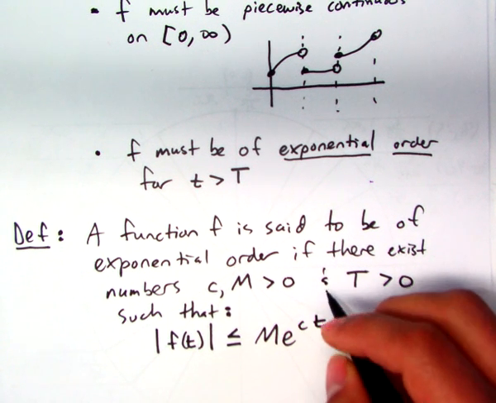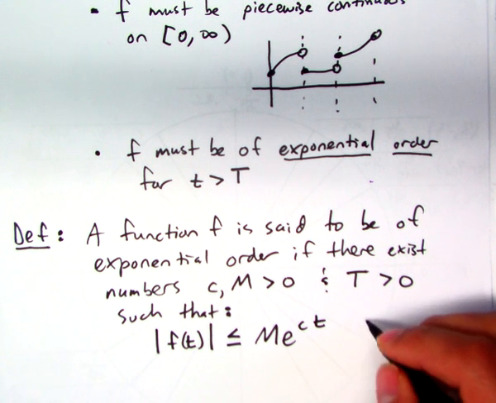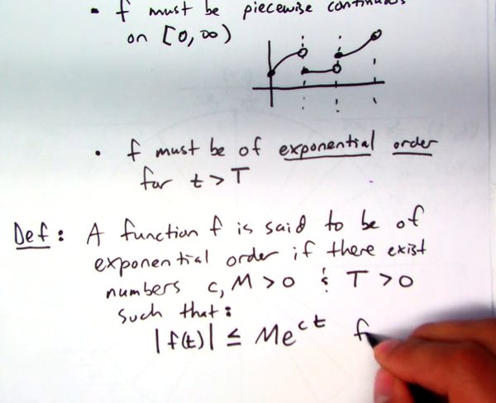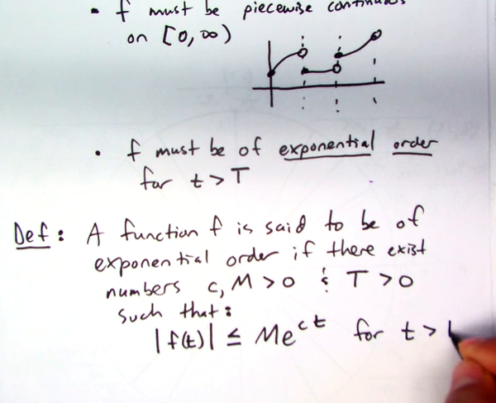What we mean by some point is that it does not always have to be, but there's got to be some breaking point, which is what we mean by little t greater than big T.